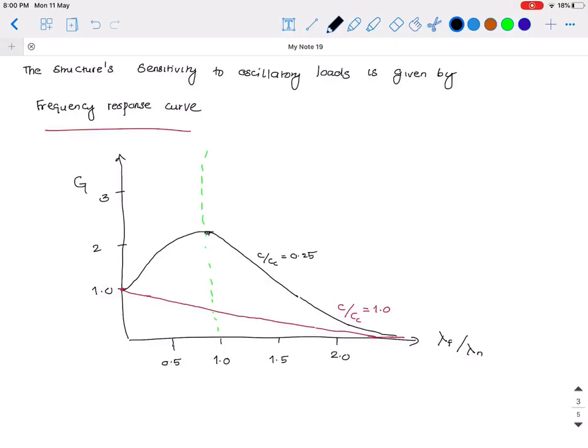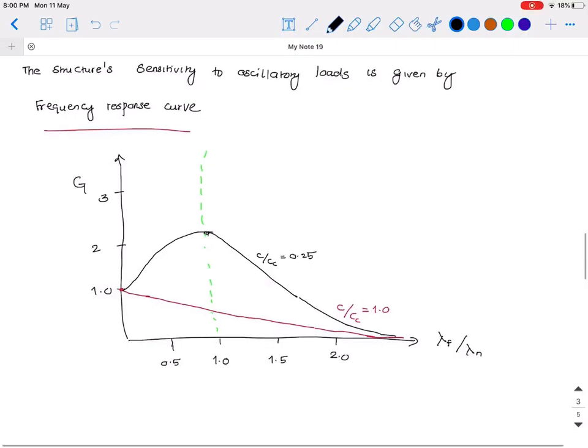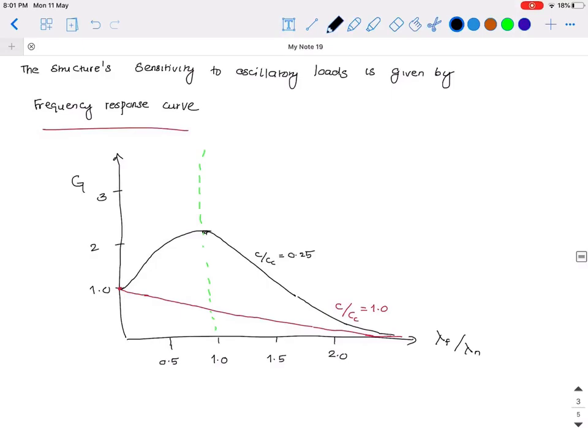You see that when you decrease C by Cc, it's going to be like this, so this is for C by Cc is 0.125.